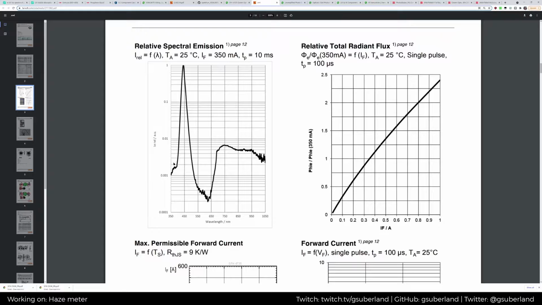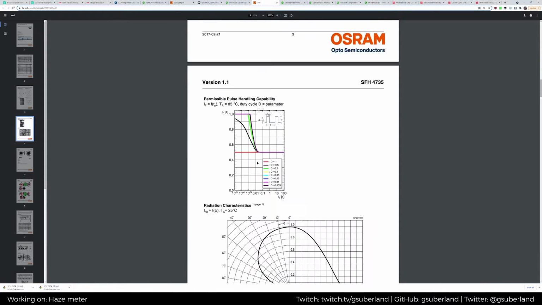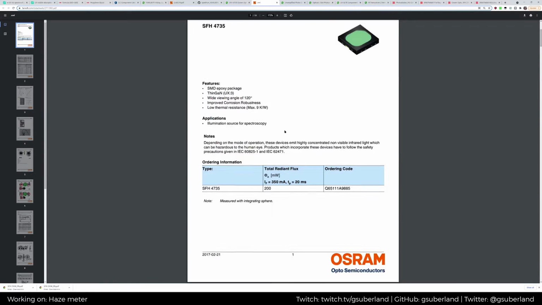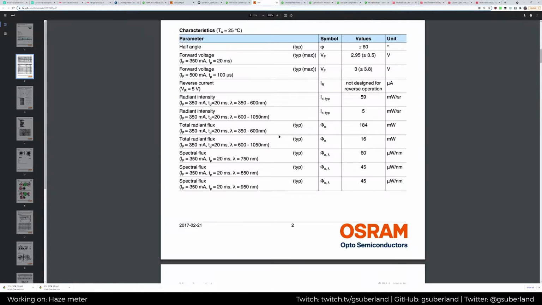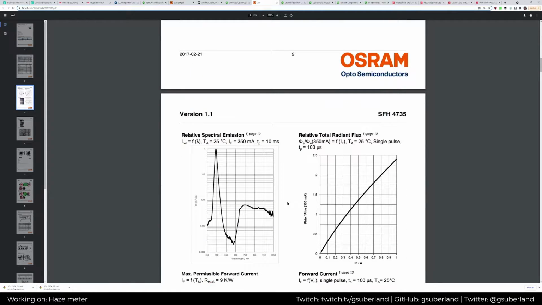I'm not sure why this is listed that way. I hadn't noticed that graph before, but that's very strange. Why would you list yourself as a... Oh, here we go. Okay, so it's got a range of wavelengths. Very strange.